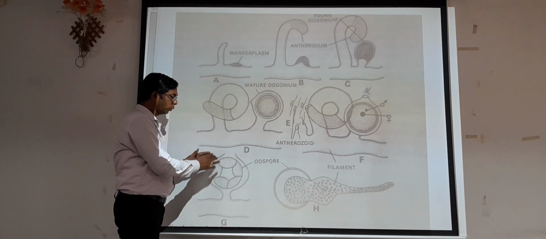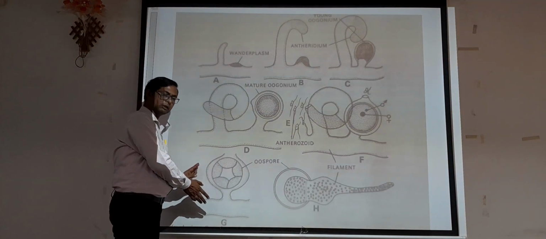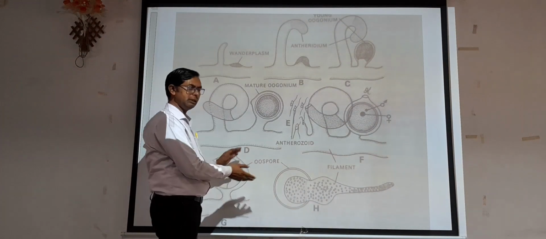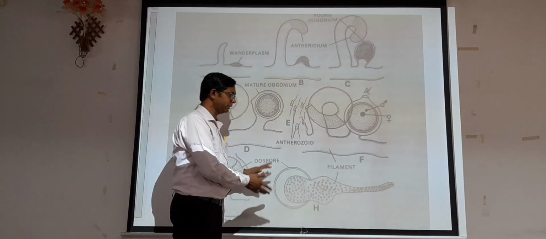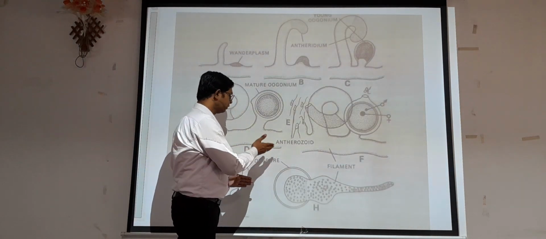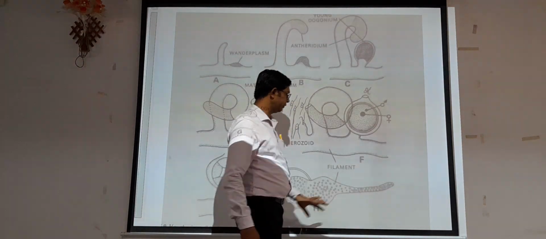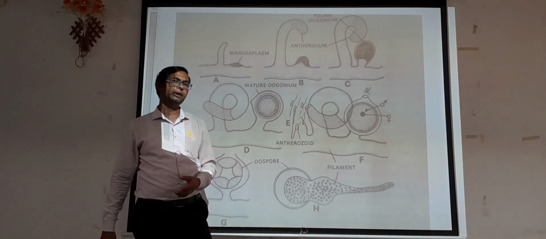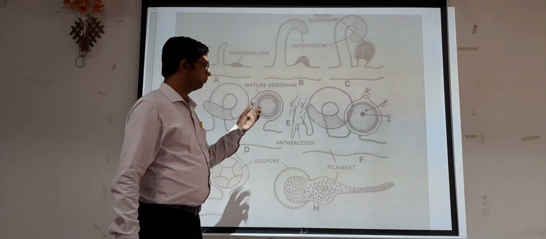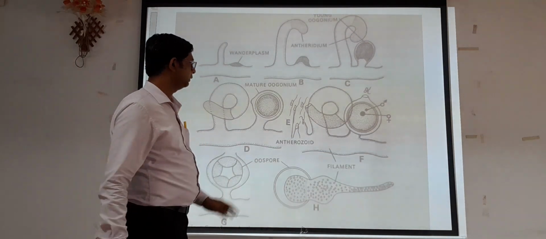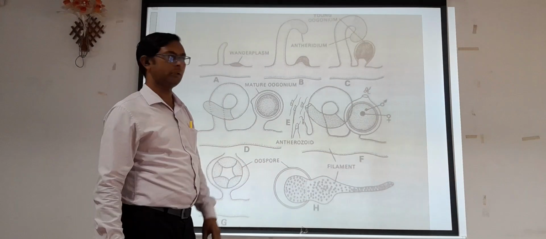Now this oospore gets liberated from this structure, and when the favorable condition is there, this oospore starts to germinate, and after germination it will be converted into a new filament or new plant body. So this is nothing but the sexual reproduction.